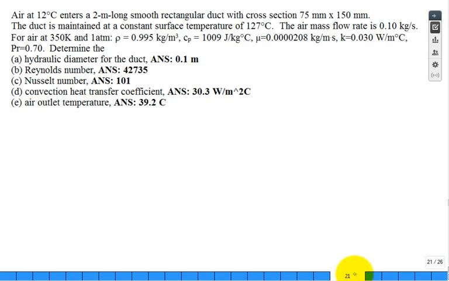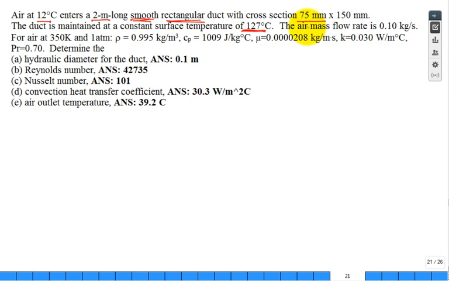Let's solve a problem. So we have air at 12 degrees entering a 2-meter long, smooth, rectangular duct with a cross-section of 75 millimeters by 150 millimeters. The duct is maintained at a constant surface temperature, not a constant heat flux.